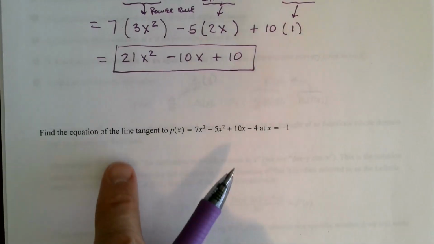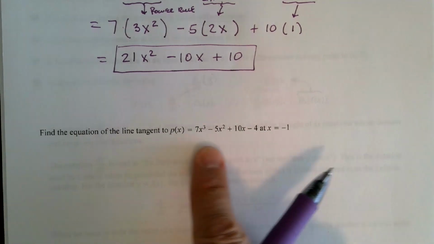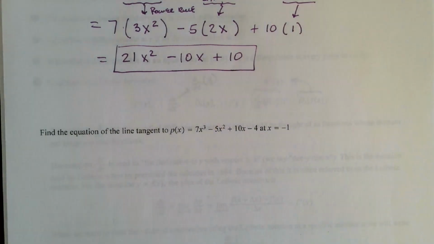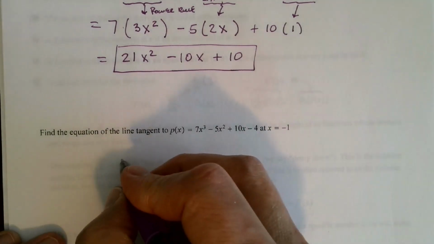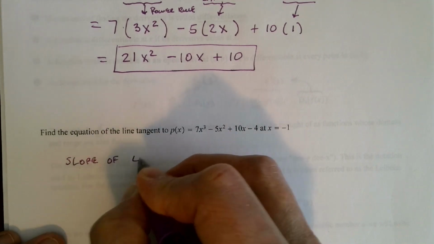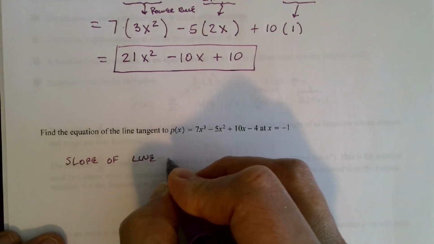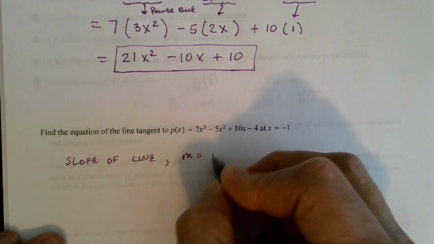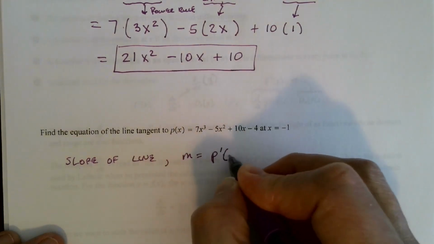Now, close with this. Let's find the equation of the line tangent to this function at x equals -1. Okay? So we've been doing this with the limit definition, but now we don't need it anymore. We know that the slope of this line, m, is equal to what? The derivative of the function at -1, right?